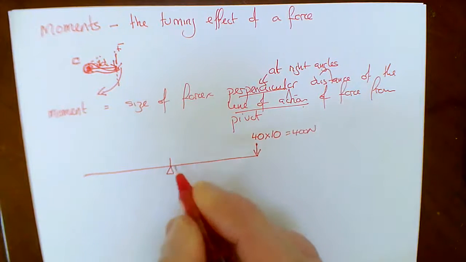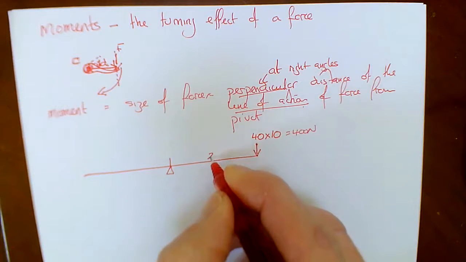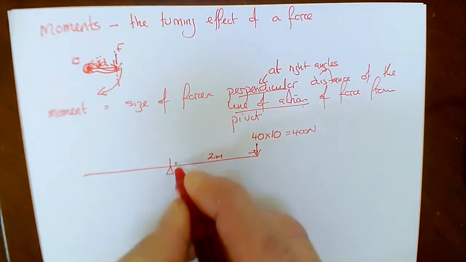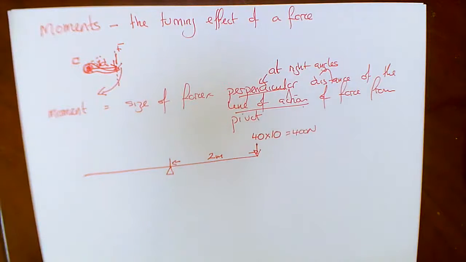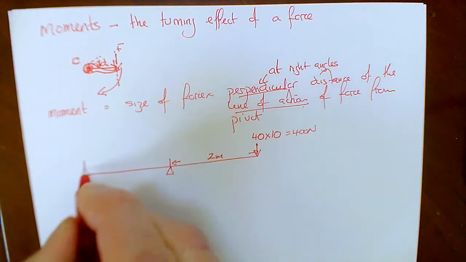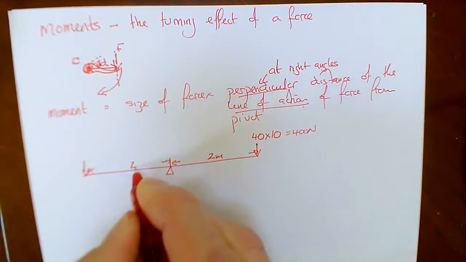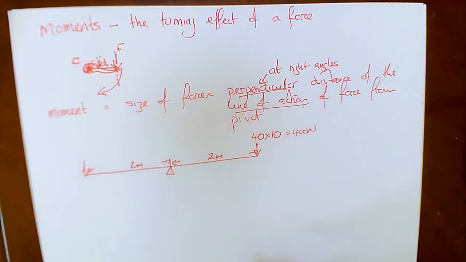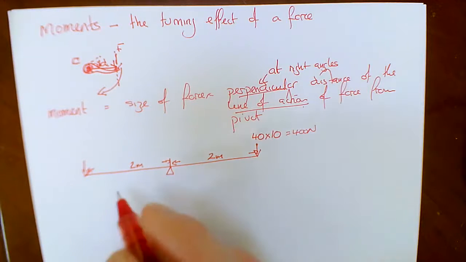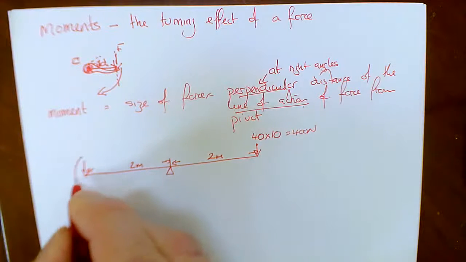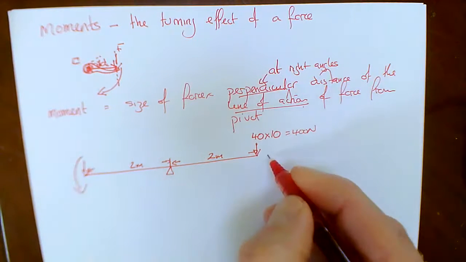And let's say that child is 2 meters from the center of the seesaw. So I come along and I'm going to balance the child. Well, if I was to sit here, which is also 2 meters from the pivot, being heavier, that's going to mean that I'm going to bring the whole thing down here, right? And the child is going to go up.